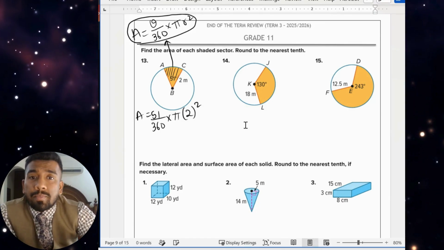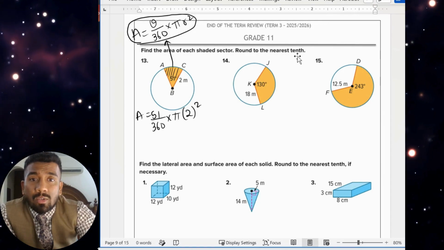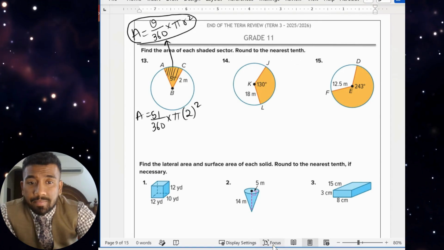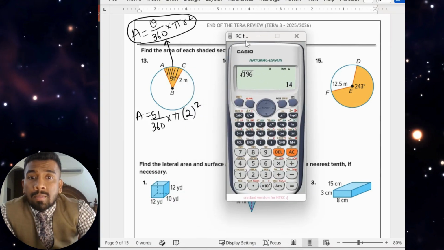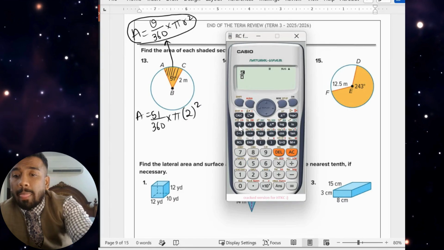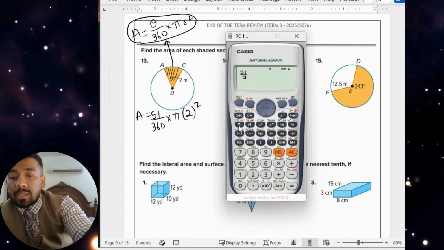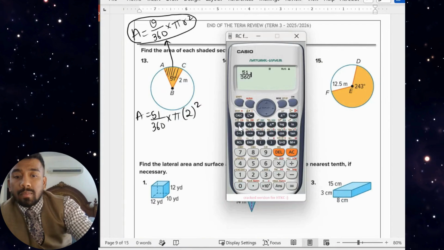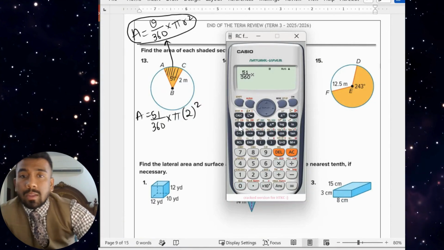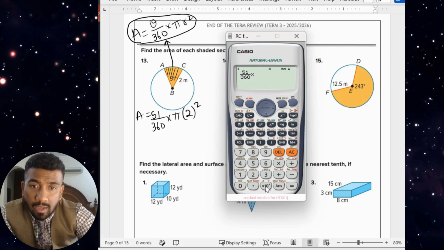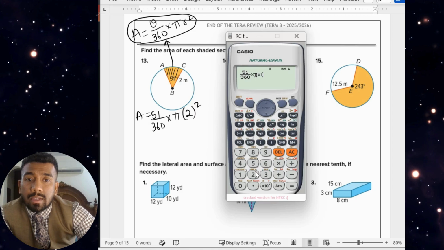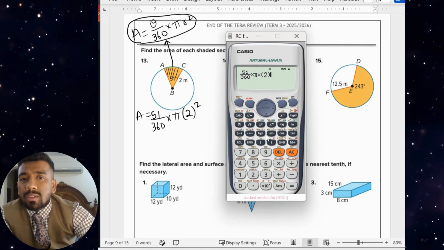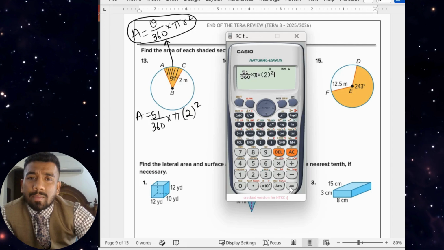Put it in the calculator, get the answer and round to the nearest tenth. So where's your calculator? What we do: 51 over 360 times pi. Now where is pi? Shift, down here, pi. Again do times, and you can put a bracket, 2 square. 2 square is usually 4, but it's okay, that's fine.